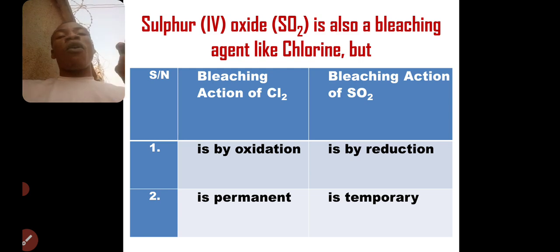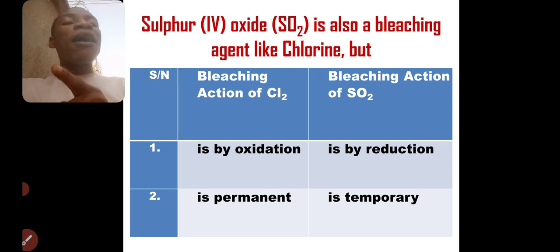There is no hope of regaining the color of the fabric. But if SO2 bleaches it, because it bleaches by reduction, if you expose the fabric back to atmospheric air, the color will return, because the cloth will be oxidized back.